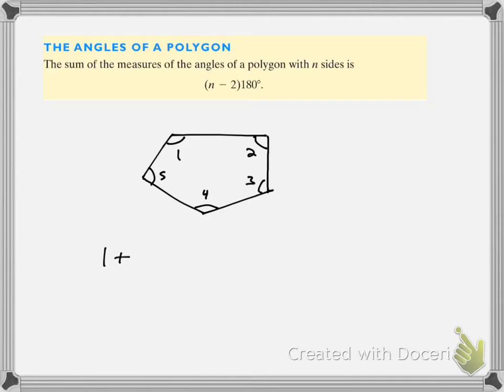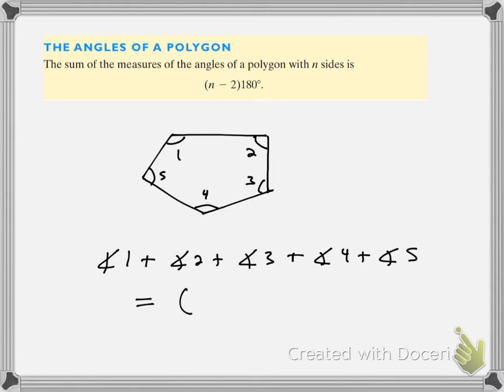The sum of those angles, the measure of angle 1 plus the measure of angle 2 plus the measure of angle 3 plus the measure of angle 4 plus the measure of angle 5 equals n minus 2, where the number of sides is 5, minus 2 times 180, which would be 3 times 180, which is 540 degrees.